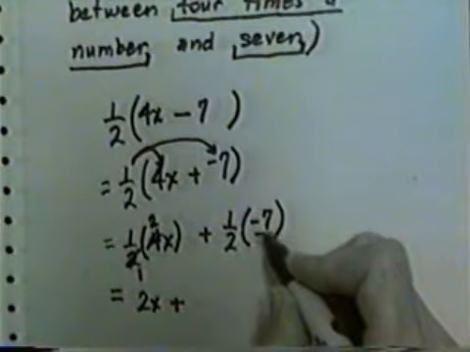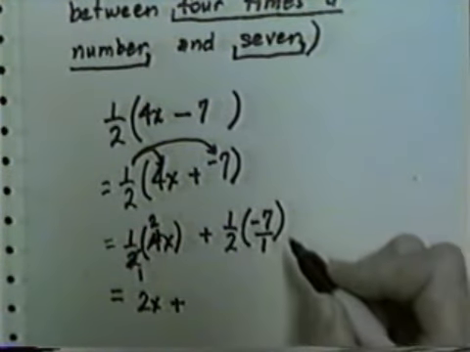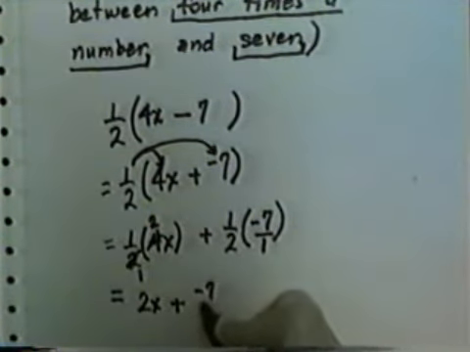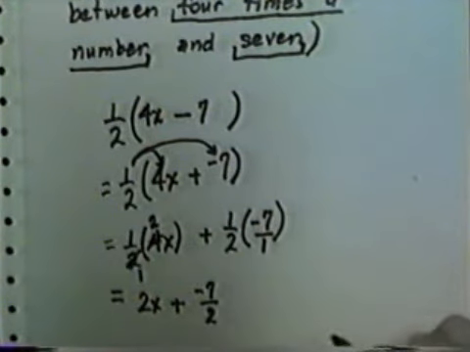The negative 7 is understood to have a denominator of 1, and so we get negative 7 over 2.